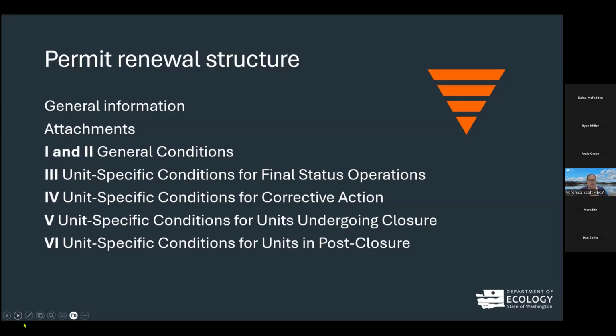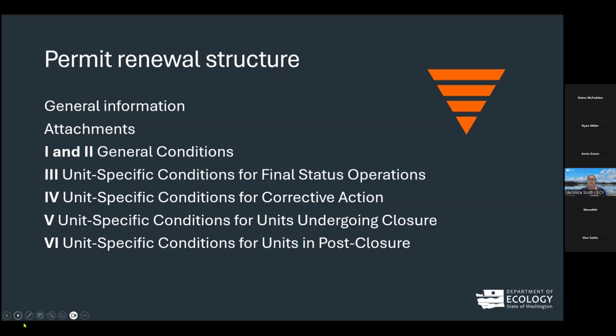Once we get that general picture, we move down into 3, 4, 5, and 6. And those are more specific information provided for our operating unit groups, our corrective action unit groups, our closure unit groups, and our post-closure unit groups. And so we'll find specific information about those in those 3, 4, 5, and 6 sections. And those are going to break down even further.